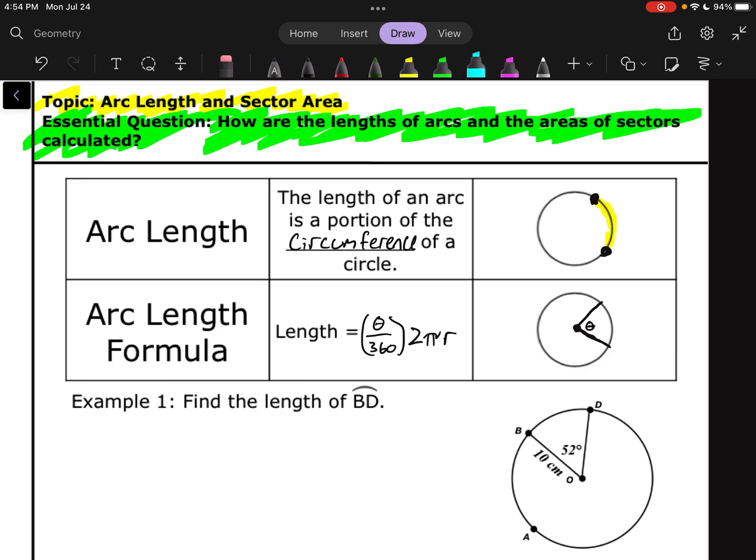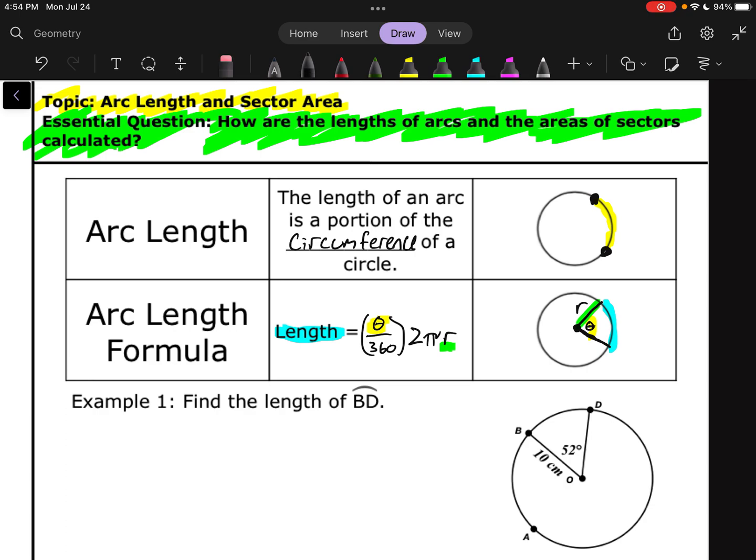All right, so that theta represents how many degrees it is. The r is obviously the radius. And by doing that, we will find out the length of the arc.